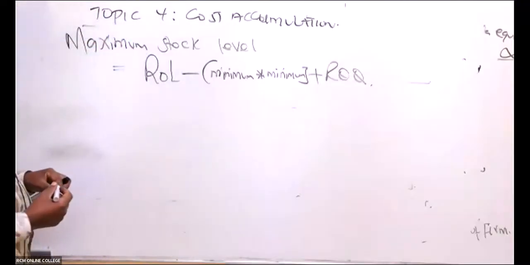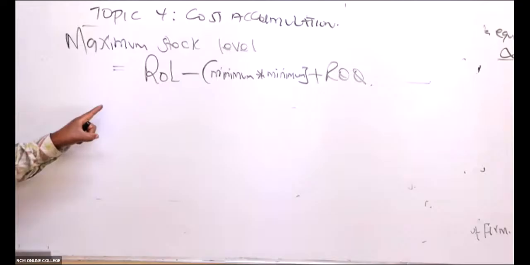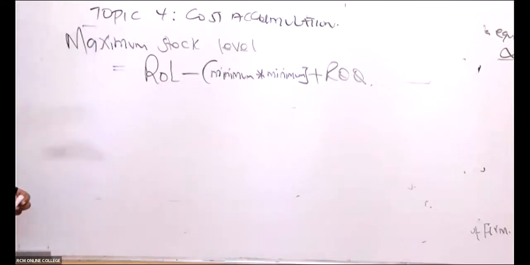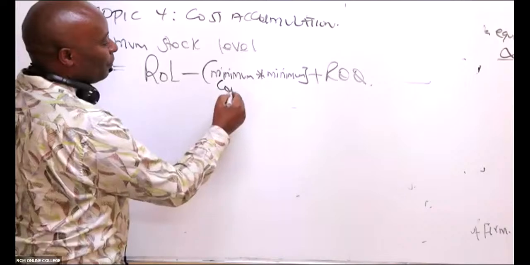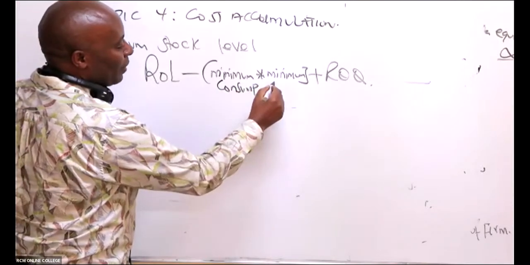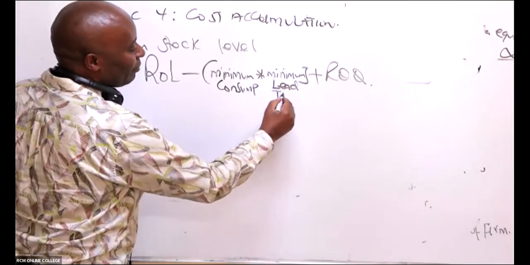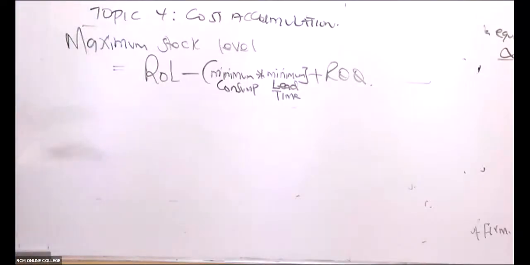So you roll to your minimum, you are reducing, and later on you'll be able to rise. So it will be reorder level minus minimum consumption times minimum lead time. Allow me to use the word lead time so that you know they can be used interchangeably.